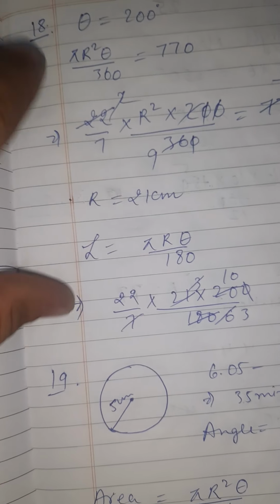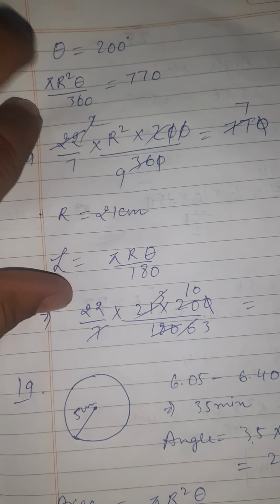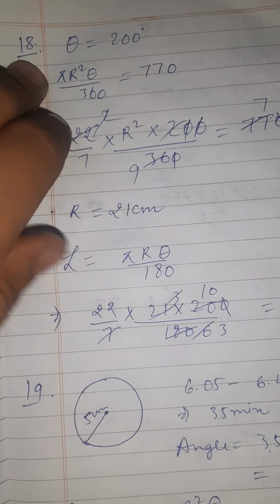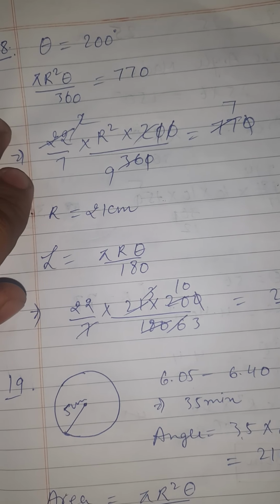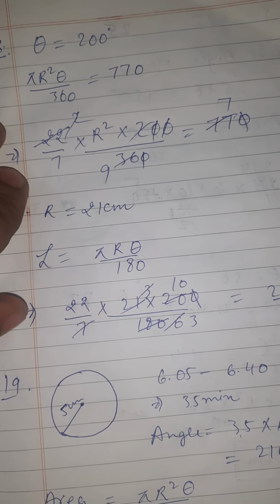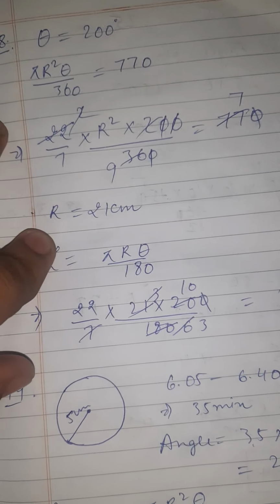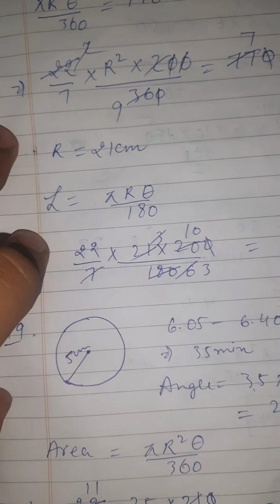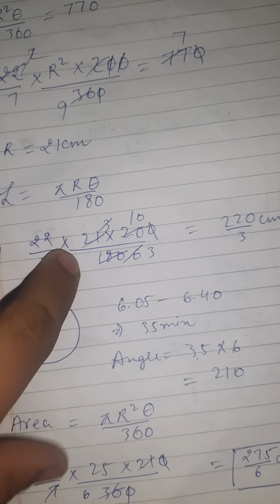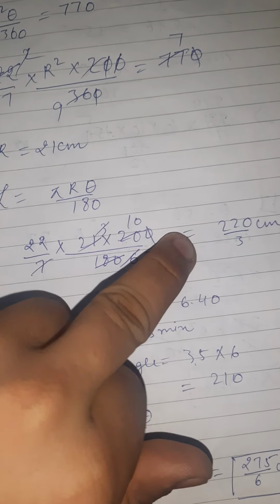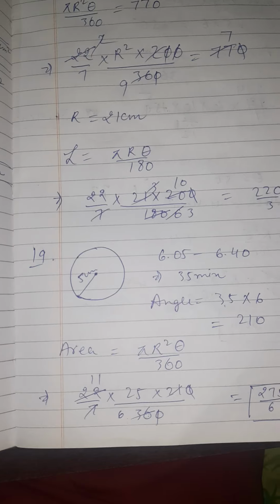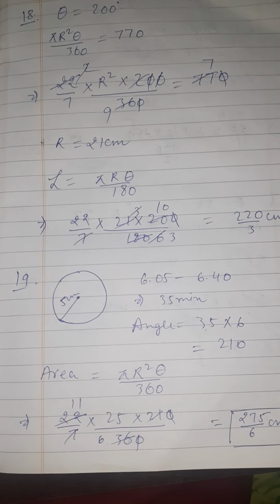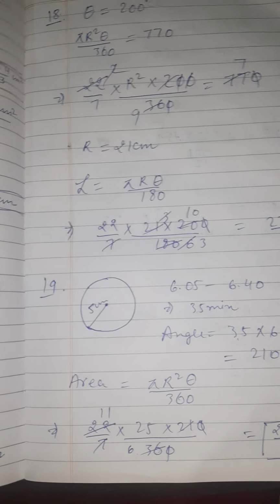So for r, we will find it from here by putting pi r square theta upon 360 equal to 7 centimeters square. We will simply find the value of r as 21 centimeters. So by putting r as 21 in this formula, we will find the value of l as 220 upon 3 centimeters. Here is the completion of the 18th question. Now we will see the 19th question.